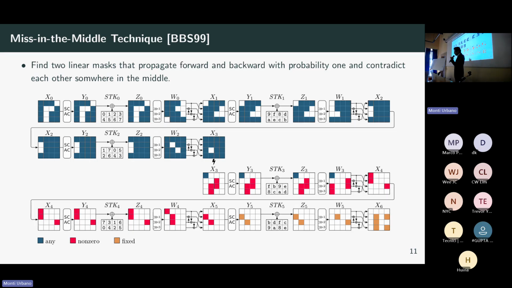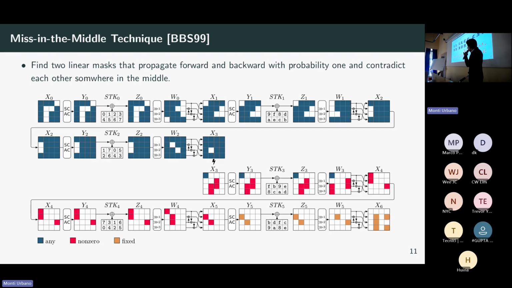You give me an input-output activeness pattern. I assume that, okay, there is a trail. Then I propagate with probability 1. I achieve a contradiction. Then it's a proof that this input never propagates to this output. Okay? But this method is just a way to confirm a given input and output pattern, right? It doesn't tell you how to find it.